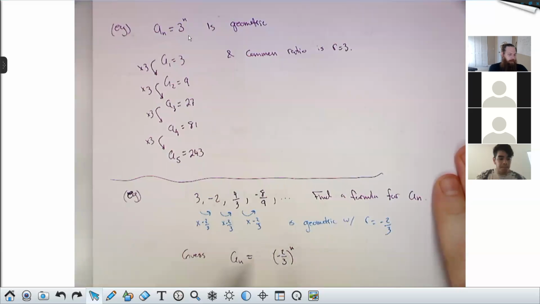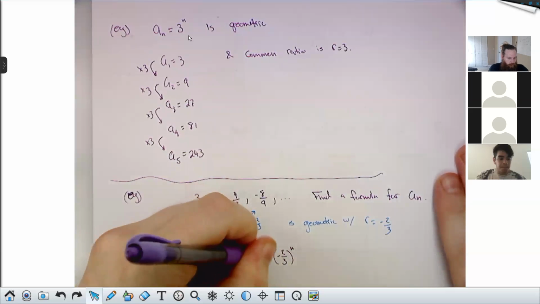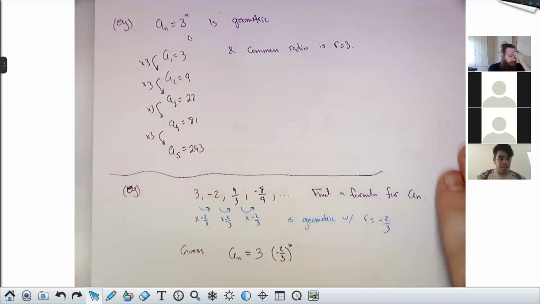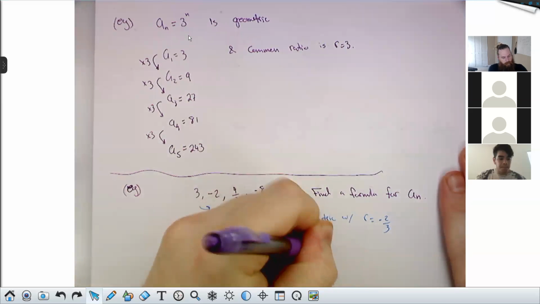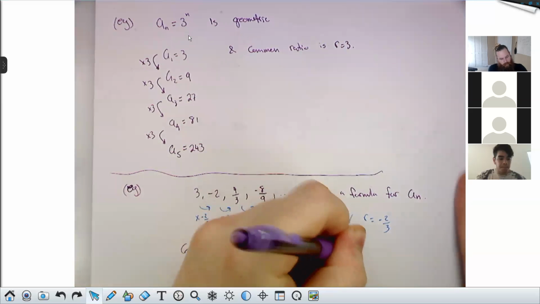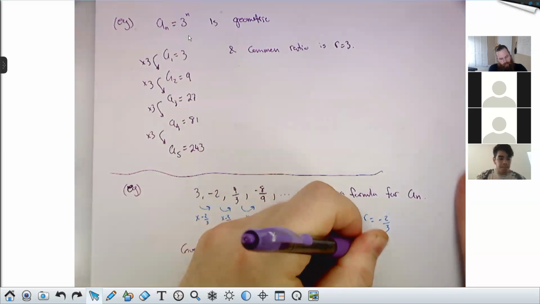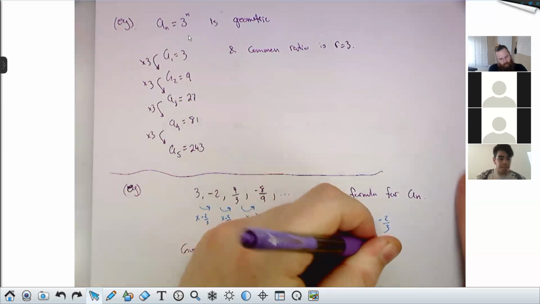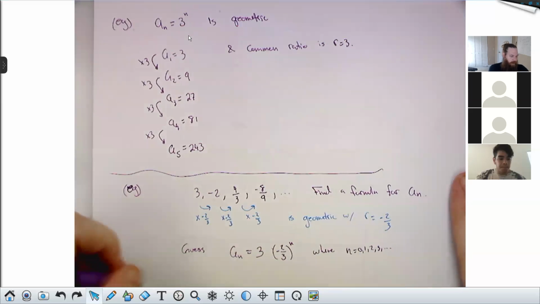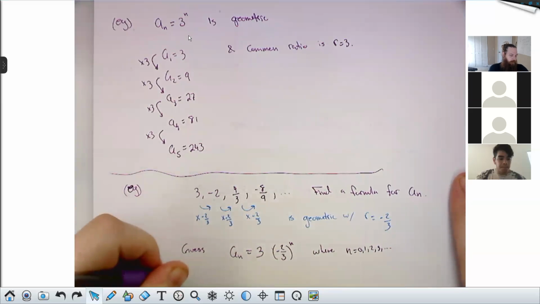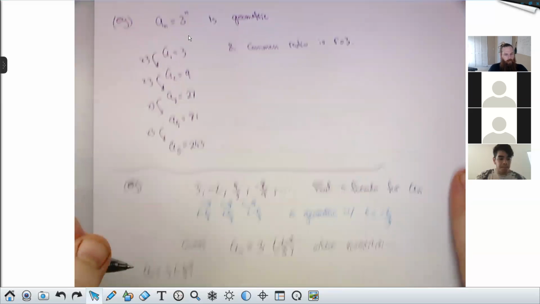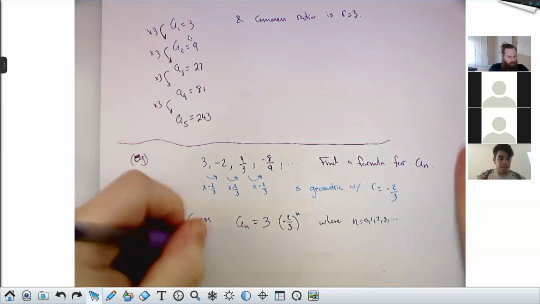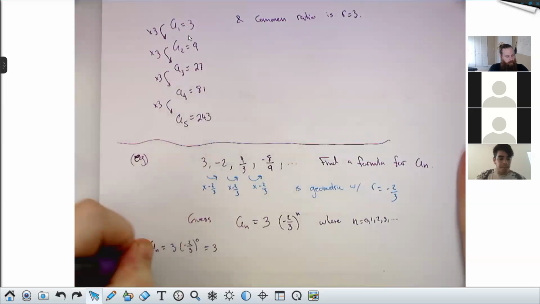But if you slap on a constant here, 3, and then you say n starts at 0, this will work. Try it. A0 would be 3 times negative 2/3 to the 0. Well, negative 2/3 to the 0 is 1, so that's just 3.